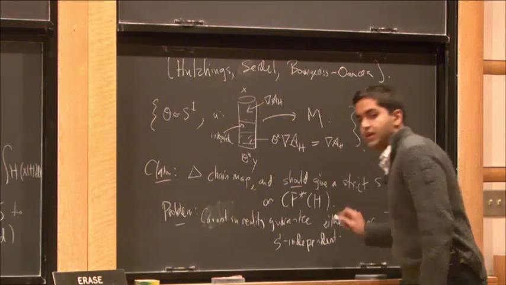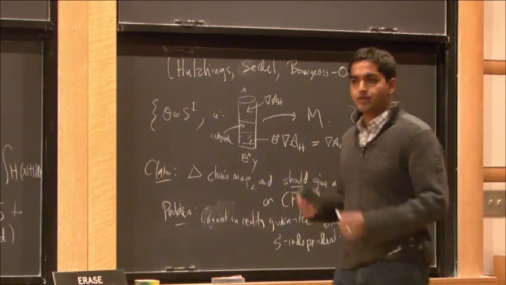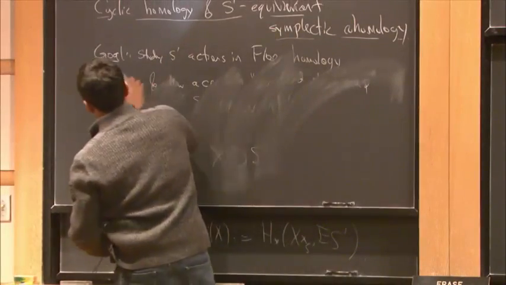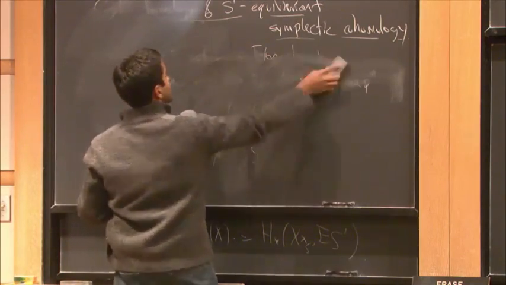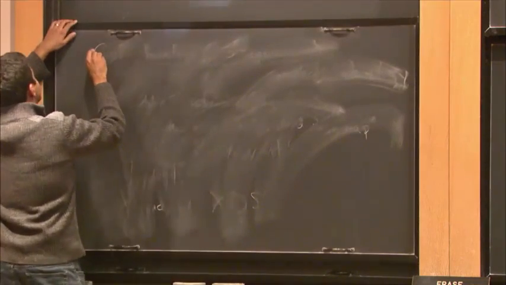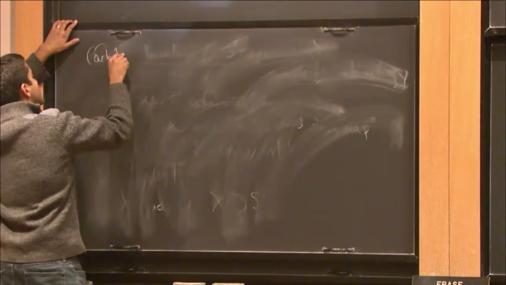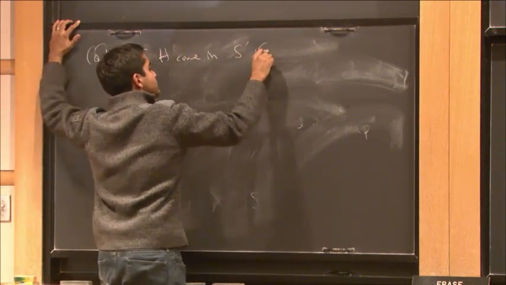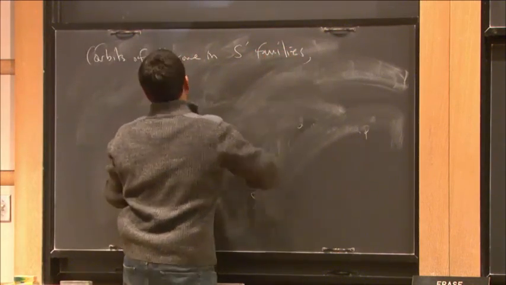So in general, to actually get non-degenerate critical points, a non-degenerate moduli space, we have to consider S1 dependent J and H. Orbits of H come in S1 families, right, as I define them.